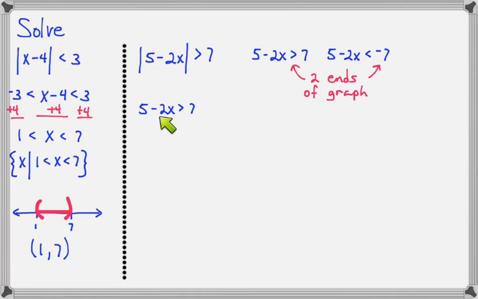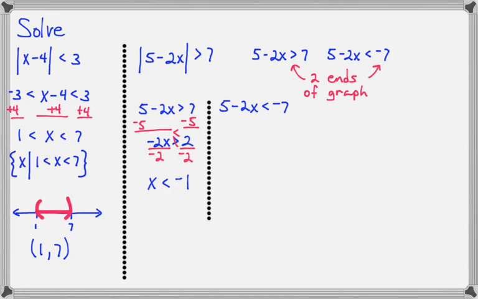So here we go. We're going to solve the first little inequality. Let's subtract 5 from both sides. And that will give us negative 2x is greater than 2. Now divide both sides by 2, or sorry, negative 2 actually. And when you do that, it's going to force you to flip your symbol over, and we'll have x less than negative 1.